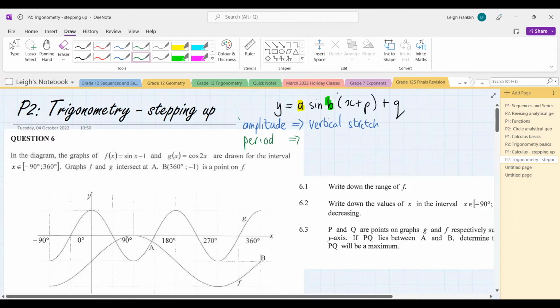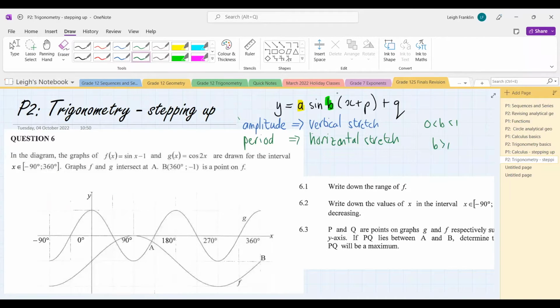Okay, so that is a horizontal stretch. If b is a number between 0 and 1, then the graph is stretched out. If b is greater than 1, then the graph is going to be compressed.